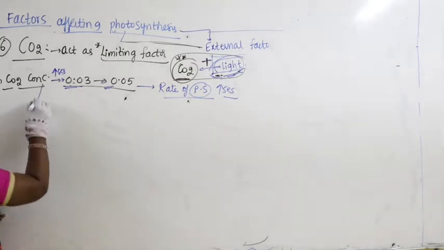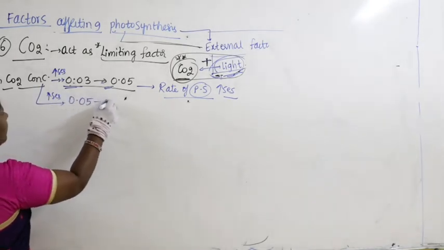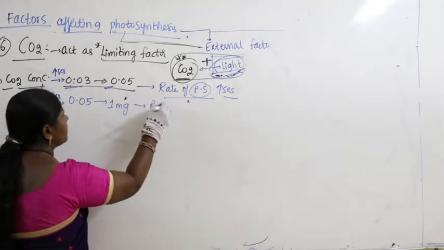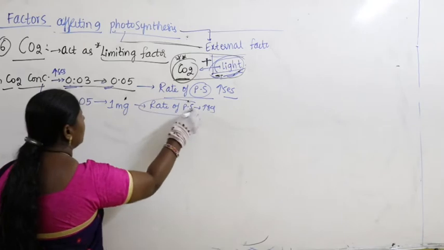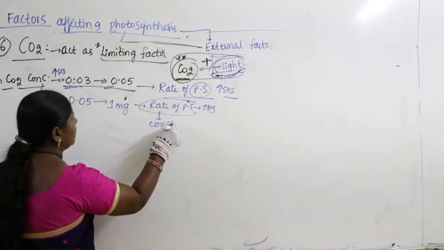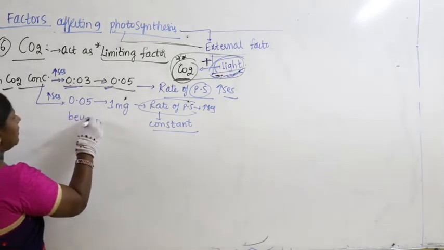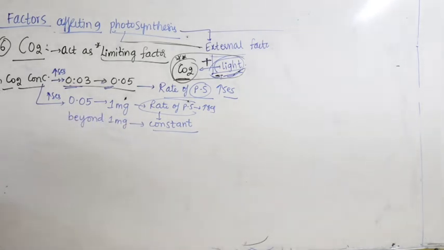If it increases from 0.05 to 1 milligram, the rate of photosynthesis increases and later it becomes constant, beyond 1 milligram of carbon dioxide.